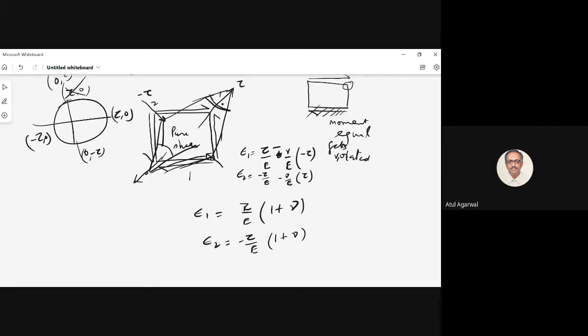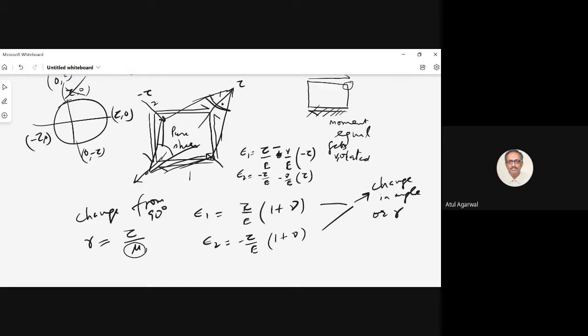If you find the change from 90 degrees, that angle which is called gamma, then gamma is equal to tau by shear modulus, and you get the value of the shear modulus. From these epsilon 1 and epsilon 2, you find this change in angle, gamma, from 90 degrees, and from that you will be able to calculate your shear modulus. This is the way you go ahead to find the shear modulus.